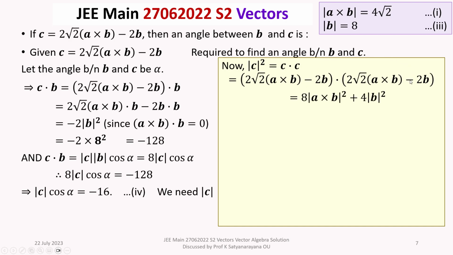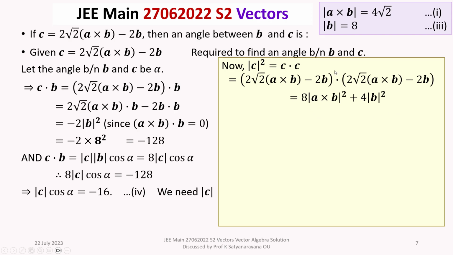And minus into minus is plus, 2B dot 2B, that is 4, B dot B is mod B square. So what happened for the other two products, like A cross B dot B, that is 0, and B dot A cross B, that's also 0. So therefore you get this.